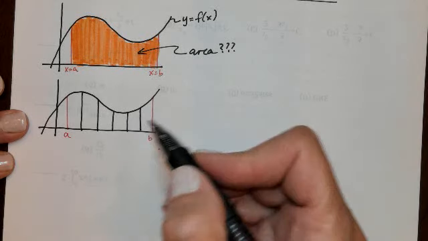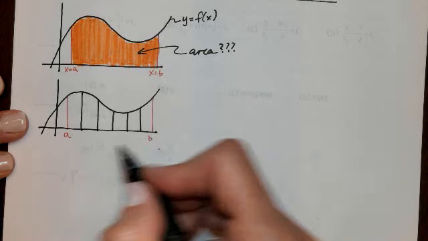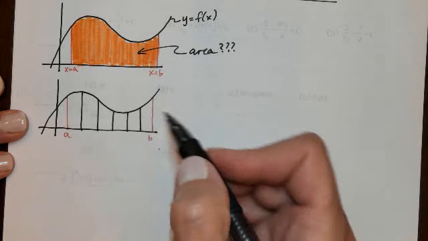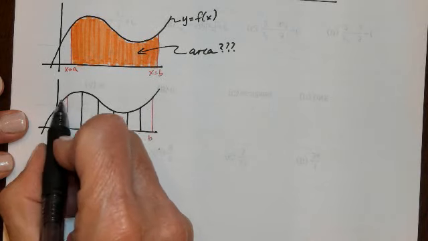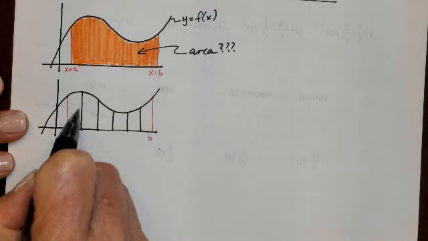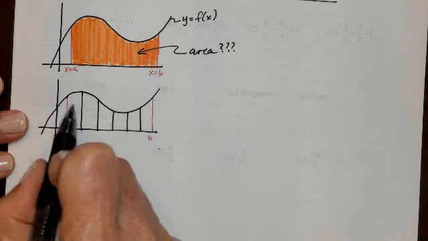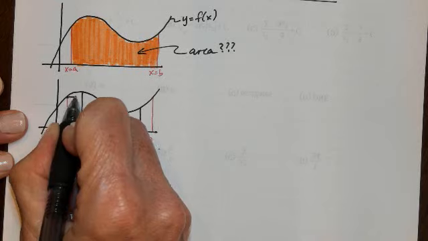So we want to make the top flat. So the question is, where do we put that flat spot? We could make the top of the rectangle the same height as the left-hand side of each rectangle. So if we did that, then this first rectangle's height would be right here.